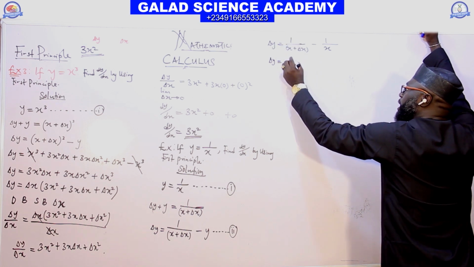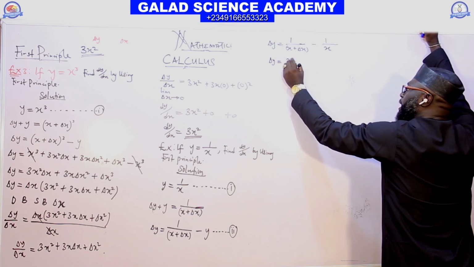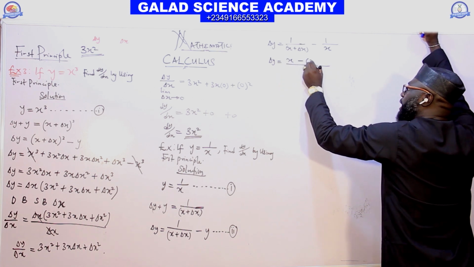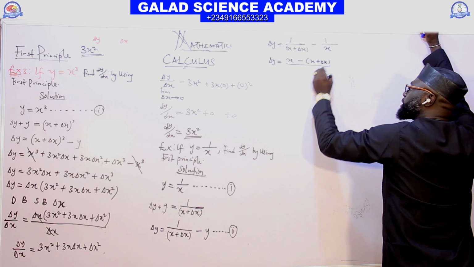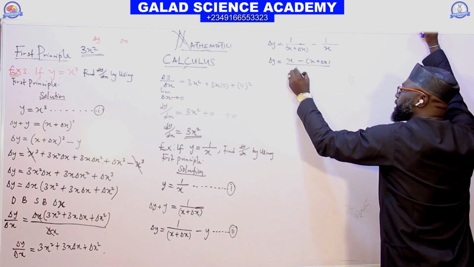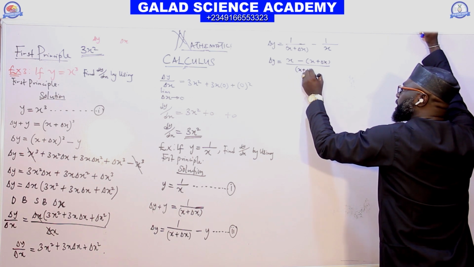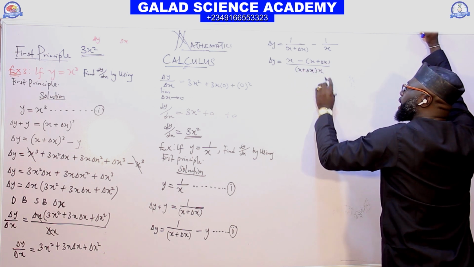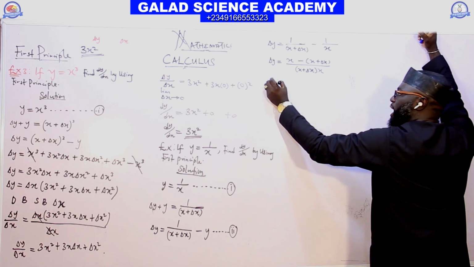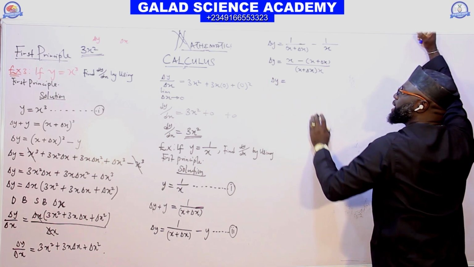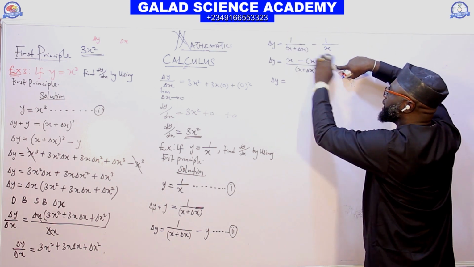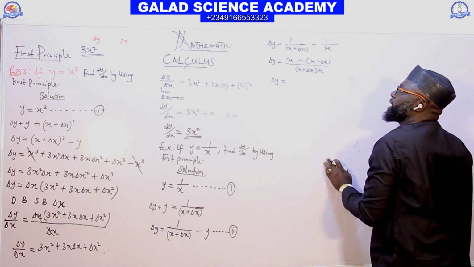So you have change in y should be equal to x minus x plus change in x. What is the LCM here? It will be x plus change in x into x. So you now have change in y, and we factor it out.